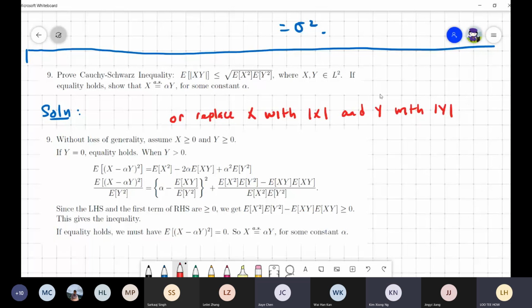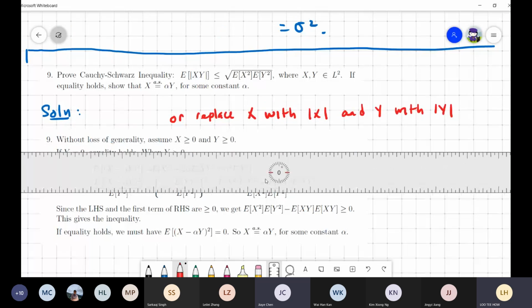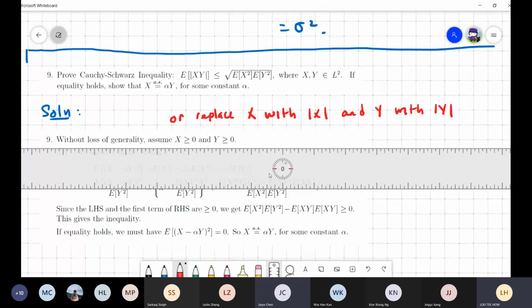Quite troublesome, so it doesn't matter, I can just always assume both X and Y are non-negative. Maybe I put a ruler here so that you know which part I am discussing now. So you assume this, or replace X with this.